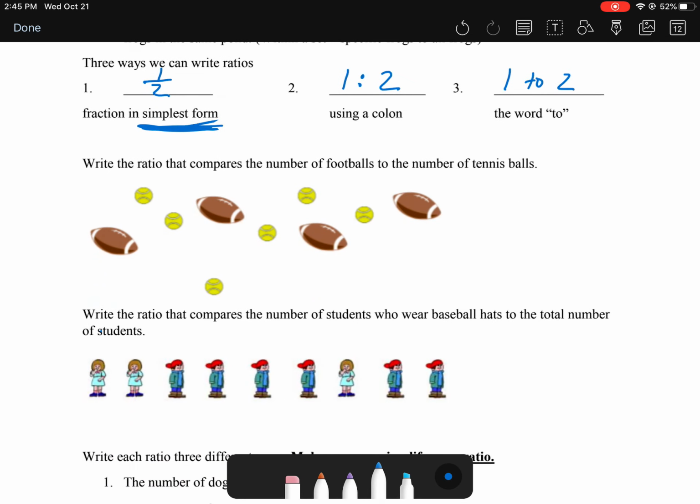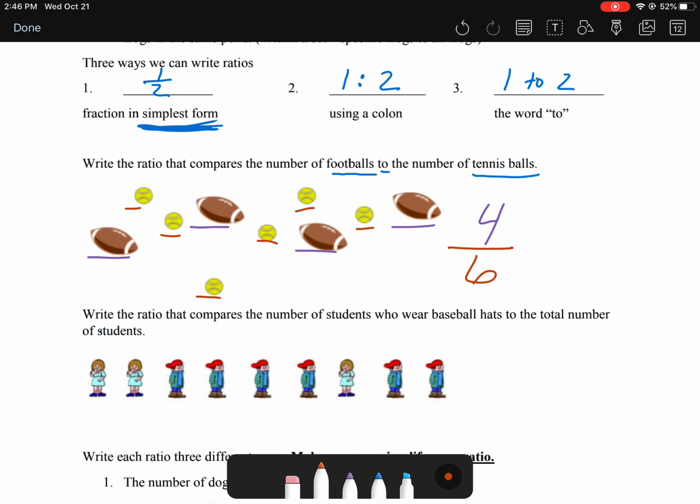So, using the three different ways, we want to be able to write a ratio that compares the number of footballs to the number of tennis balls. We have to go ahead and just count them. I have 1, 2, 3, 4 footballs. Counting the number of tennis balls, I have 1, 2, 3, 4, 5, 6.